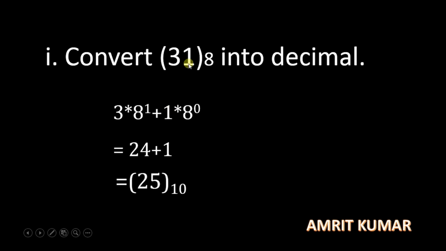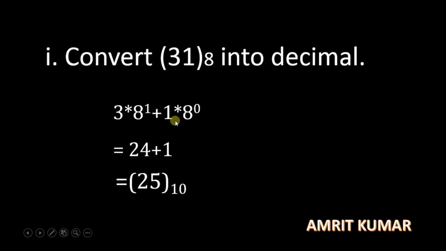Here 31 is the number we have to convert into a decimal number, and this is an octal number. So we multiply each digit with 8 to the power of its position, and after that, add all the terms.